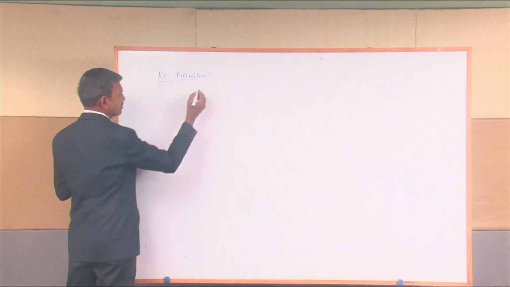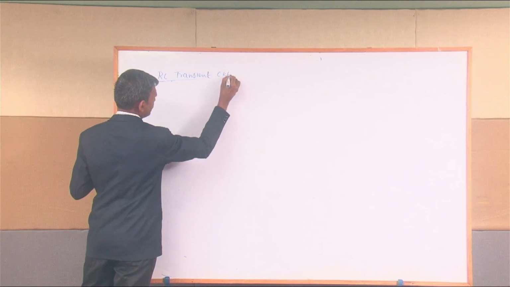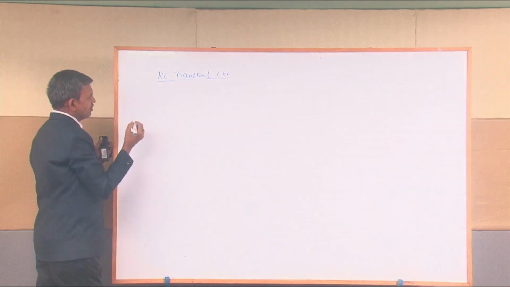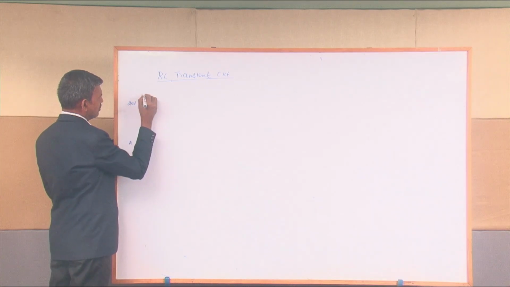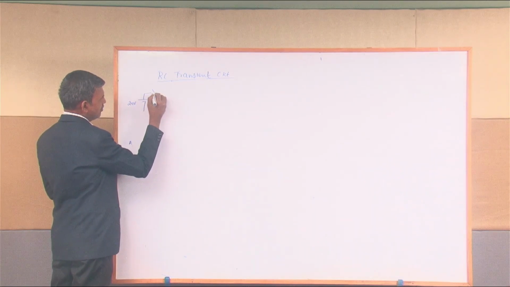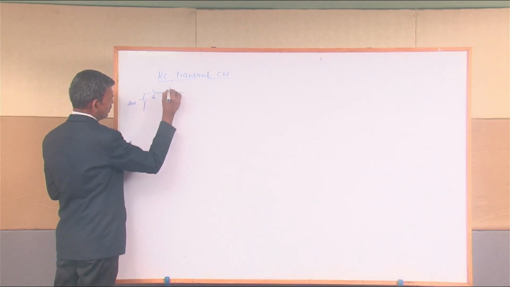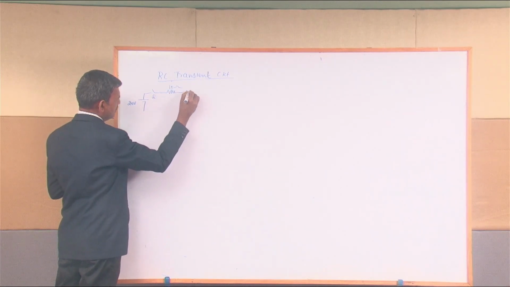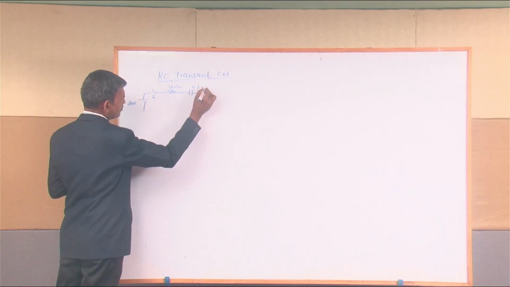So, now we can solve one problem on the RC transient circuit. We are applying a voltage of 20 volt, connected through the RC element through switch S. The R value I am going to take as 10 ohm and the C value as 0.1 farad.